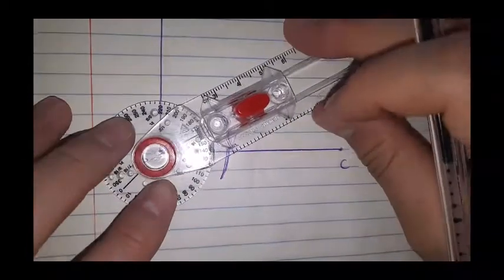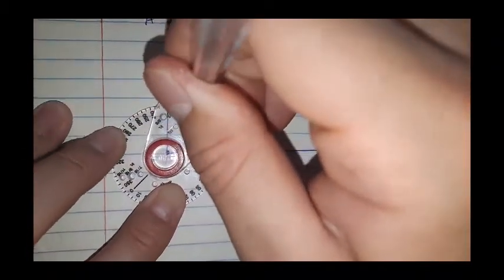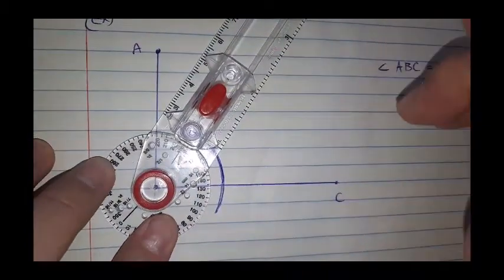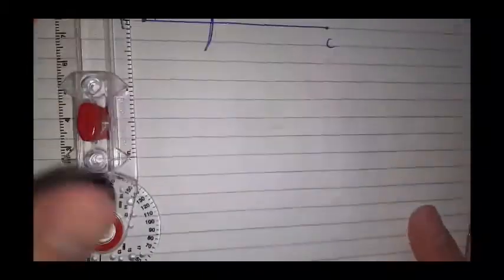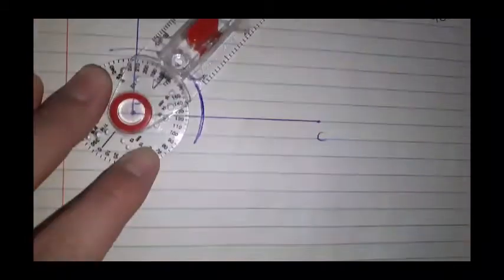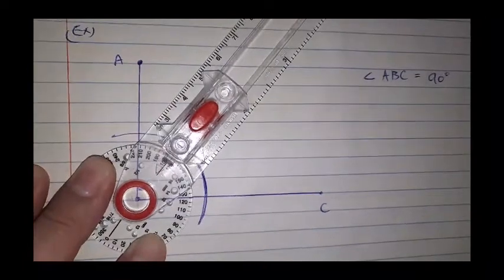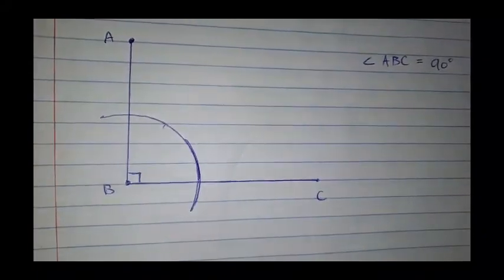You can create any size circle as long as it's good enough to pass the midpoint. So let me just confirm my drawing. There you go, that's better. That's your first step. Create any type of circle.